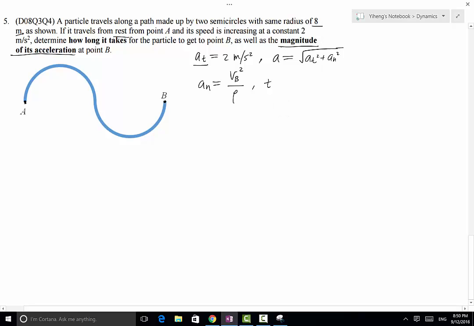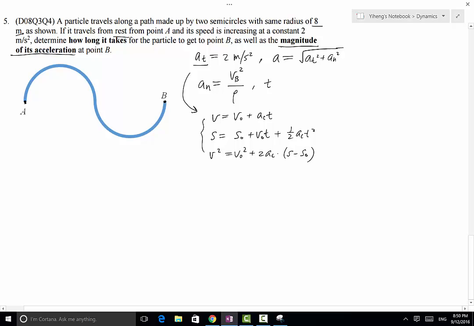Because AT is a constant, we can apply the three kinematic equations for motion with constant acceleration. V equals V0 plus ACT, S equals S0 plus V0T plus 1/2 ACT squared, and lastly V squared equals V0 squared plus 2AC times S minus S0.